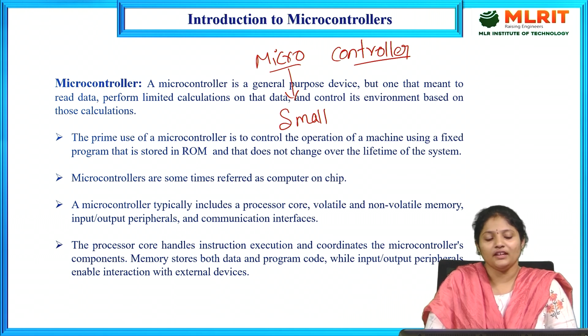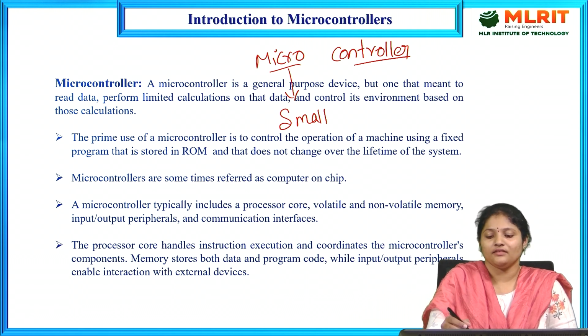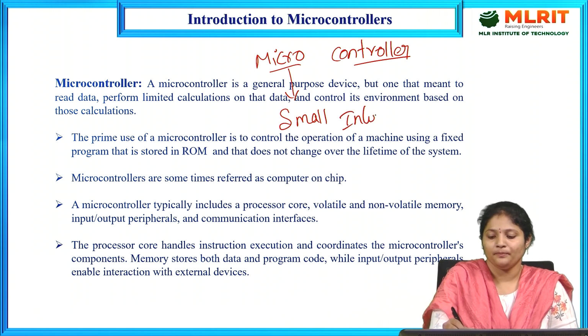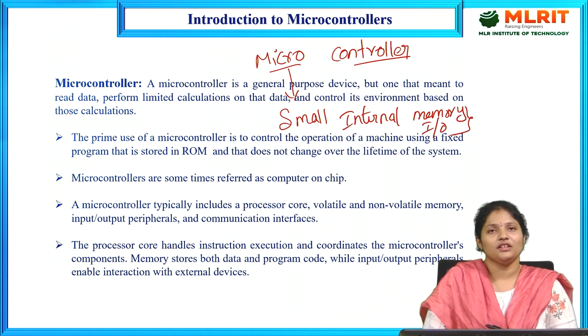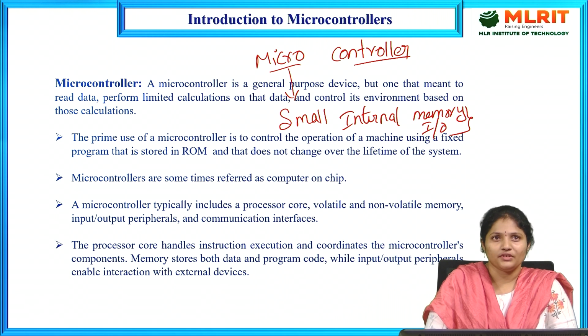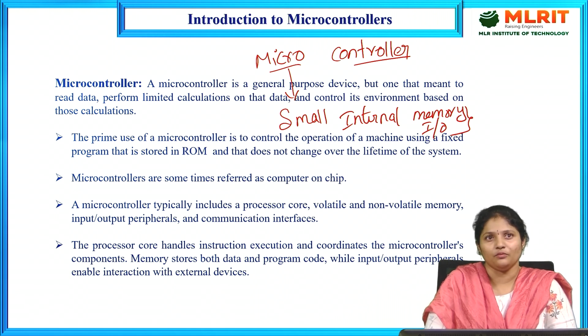So we can say that a microcontroller is a microprocessor with internal memory and input-output devices. Actually I have already told you, a microprocessor does not have any internal memory or input-output devices.